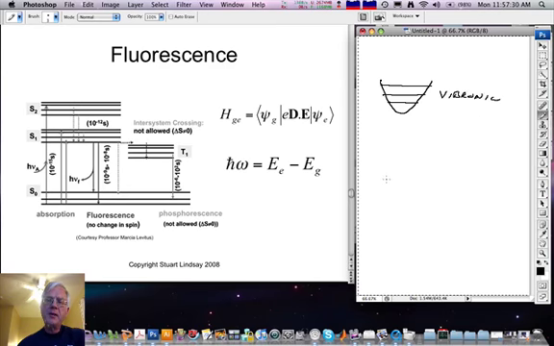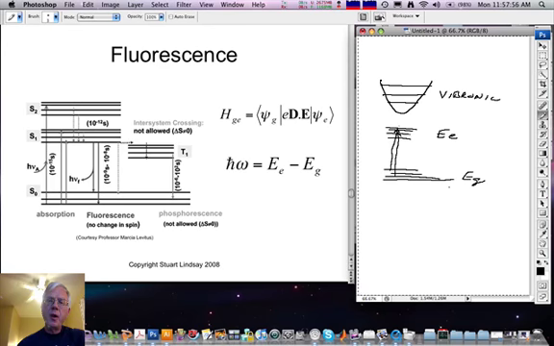So if one has an electronic state that is the ground state, in practice it is many states reflecting the vibrations, and then a first excited state will also have vibronic states. And so electrons can make transitions from these ground states to any of the excited states.